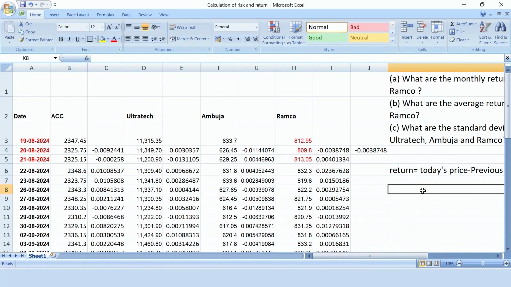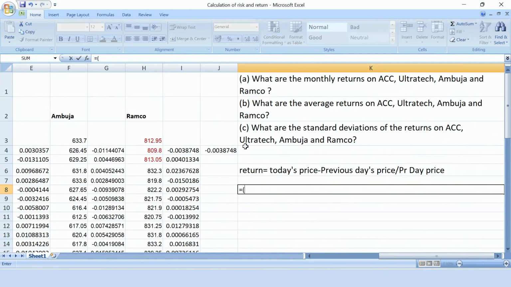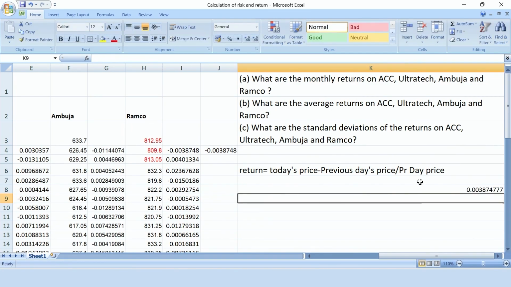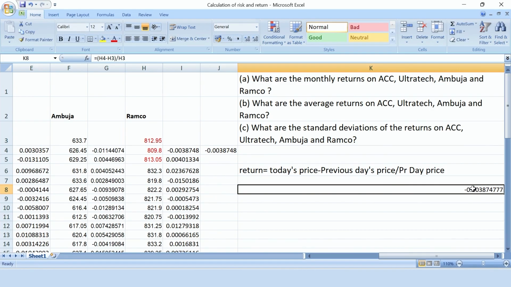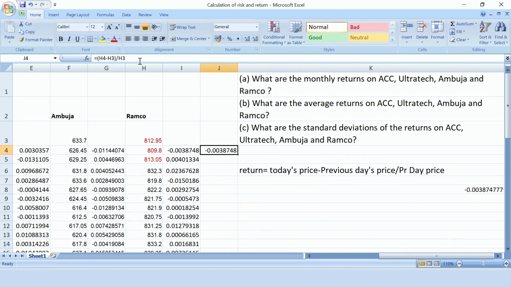If you want it in percentage, put it into the bracket and multiply with 100.